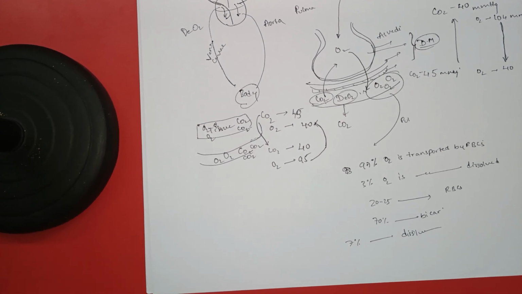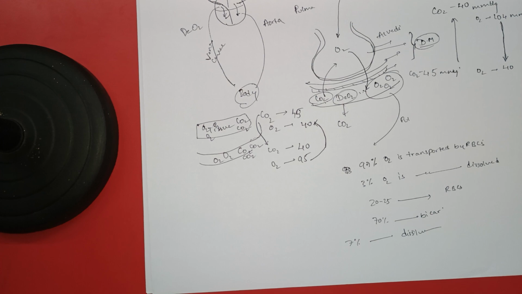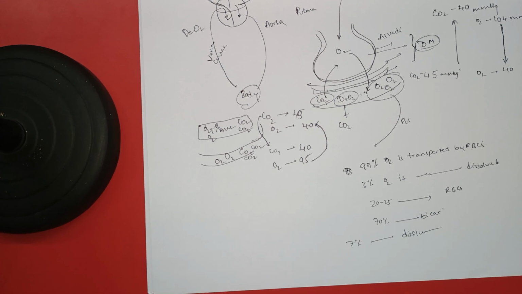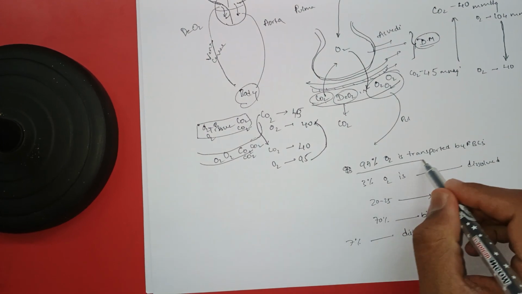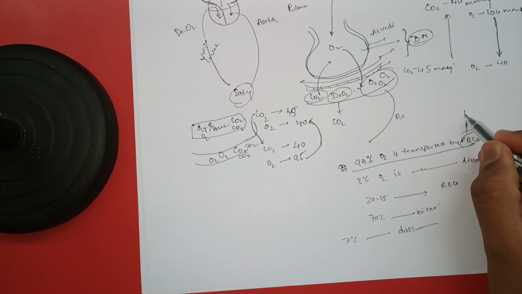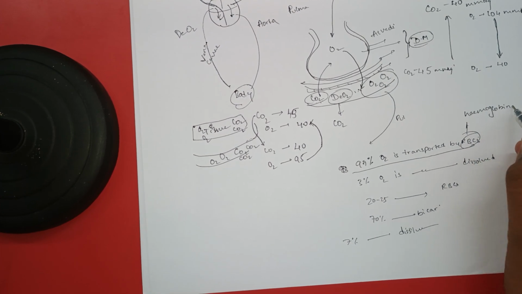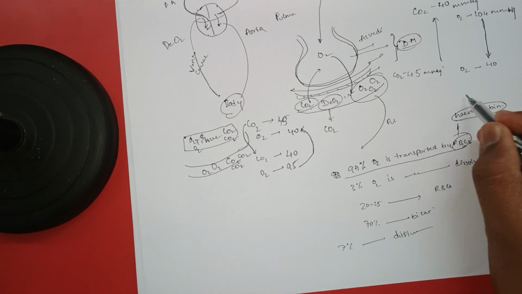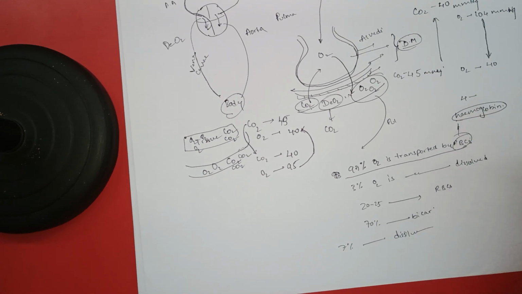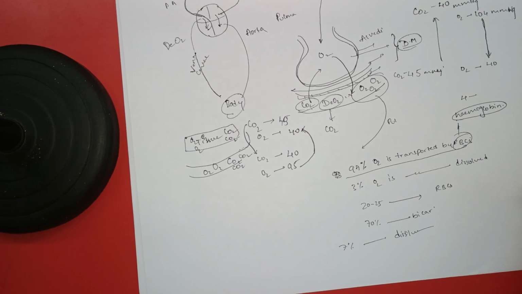Now, oxygen is transported by RBCs. RBCs have hemoglobin, and each hemoglobin molecule has an affinity to bind 4 oxygen molecules.